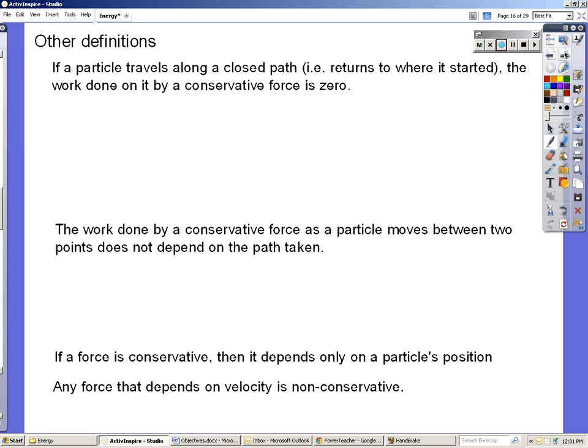Now there are some other definitions of conservative and non-conservative forces that you need to know, and you should be aware that they're all equivalent. This one is very close to what we just said. If a particle travels along a closed path, which means it returns to where it started, the work done on it by a conservative force is 0.